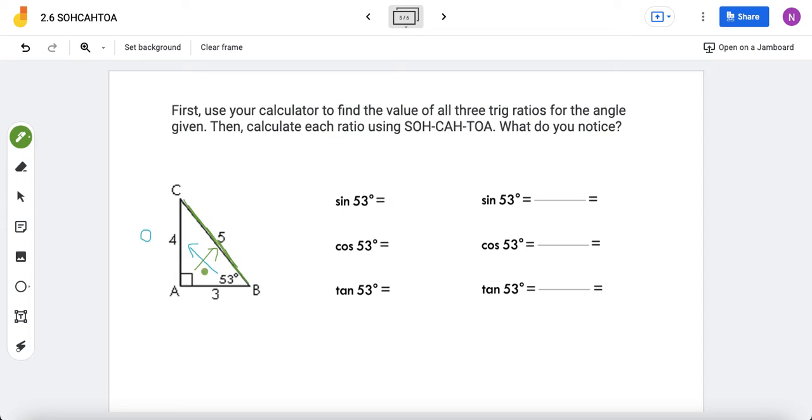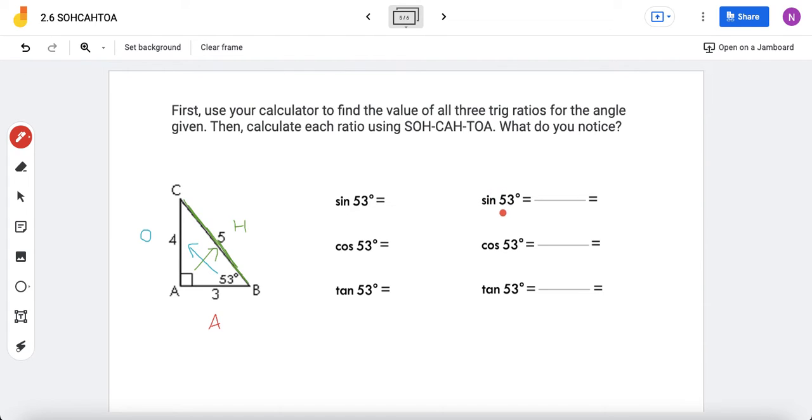And the adjacent side is just the side that's left over here. Okay, now that we've labeled all the sides, now we're ready to find the three trig ratios here, sine, cos, and tan of this angle.